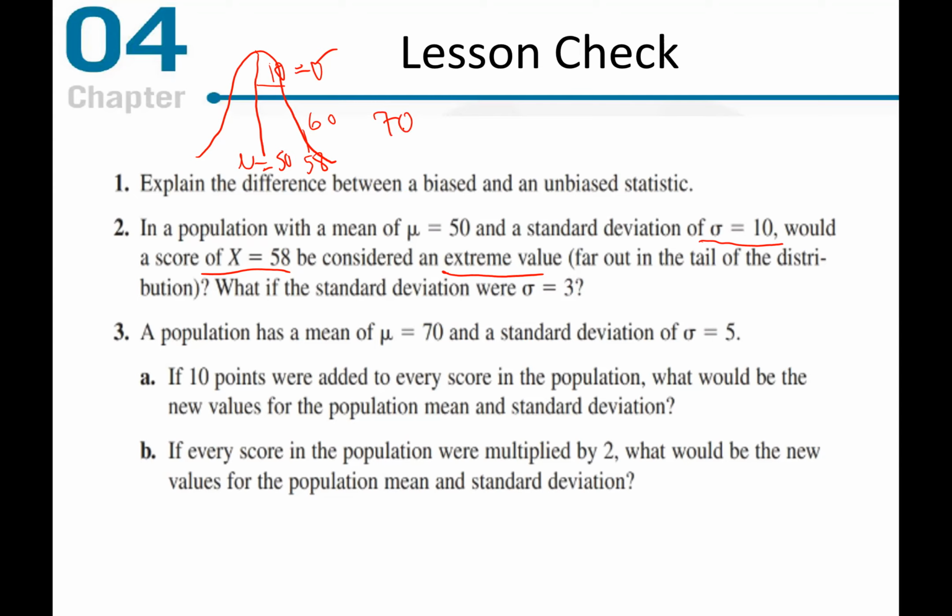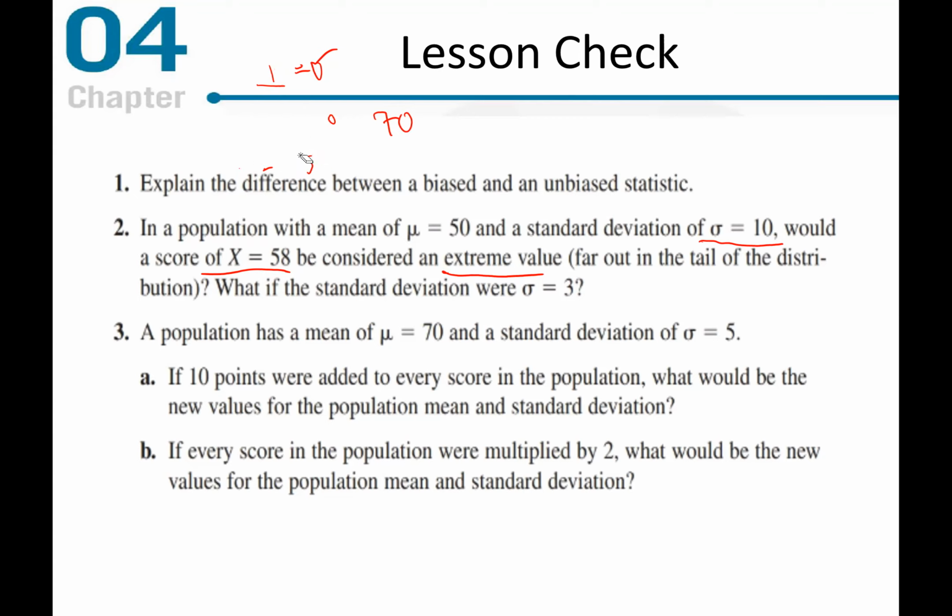So the score that we have is 58. 58 is less than 1 standard deviation above the mean, because the first standard deviation above the mean is 60. So this would not be an extreme score if the standard deviation is 10.